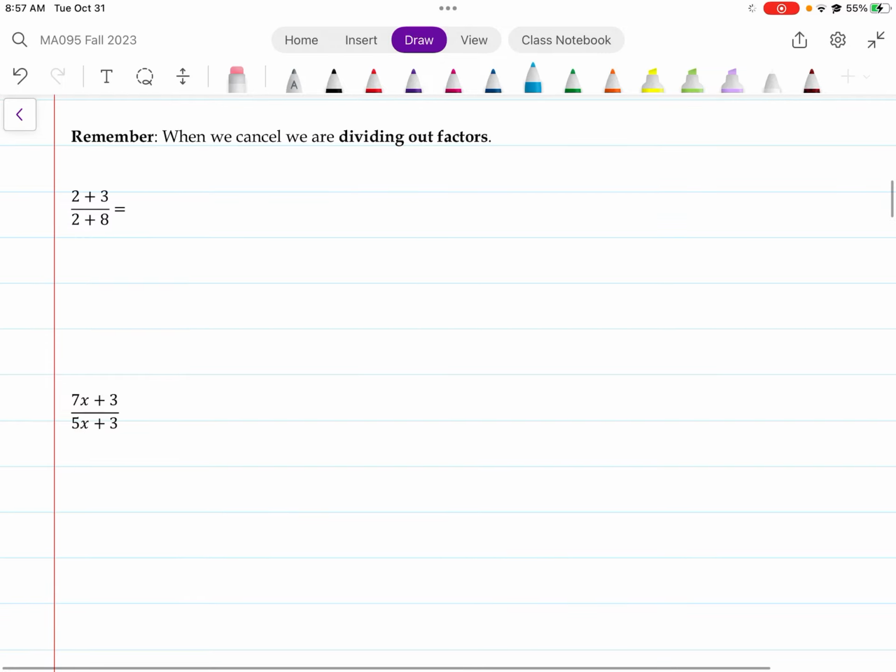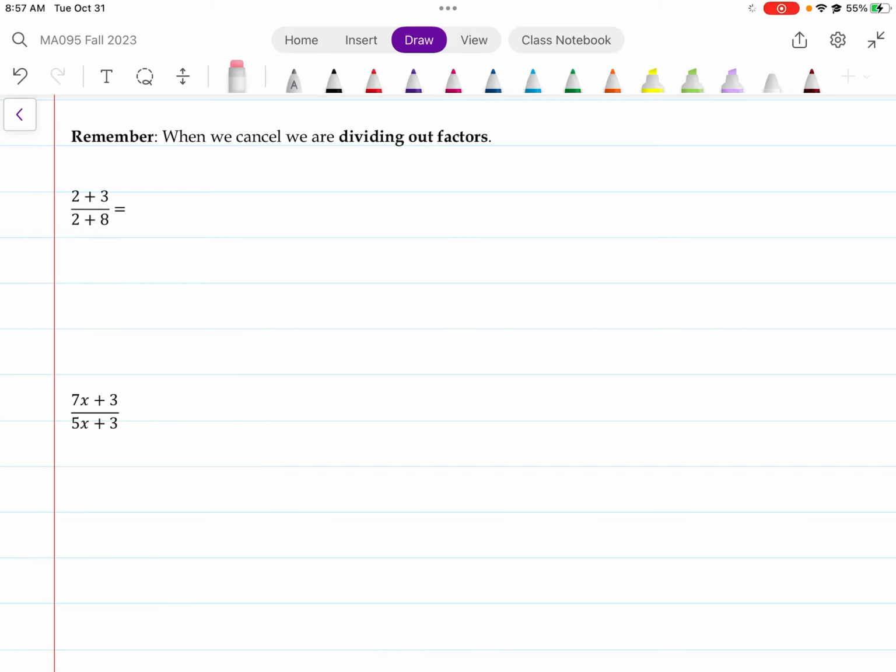Remember, I'm showing you this because this is a mistake I see all the time, and that is that when we cancel, we are dividing out factors. So try simplifying these. What a lot of people will do is say that this equals 3/8.